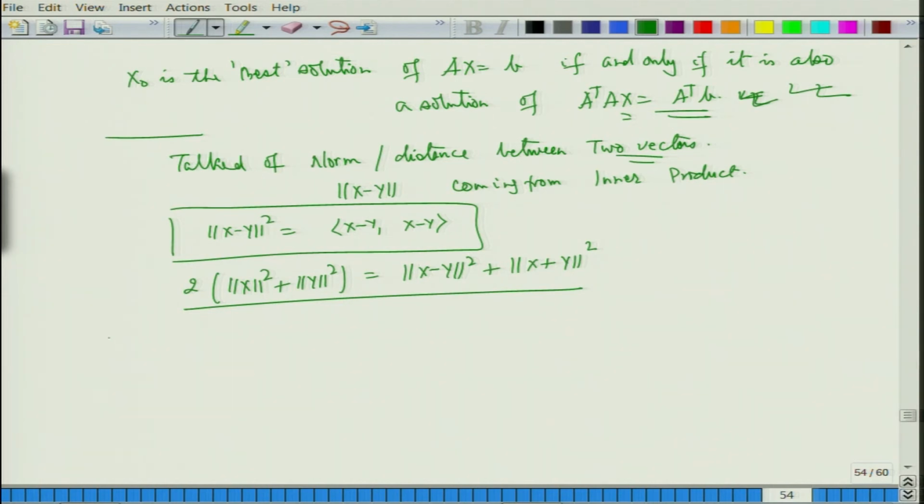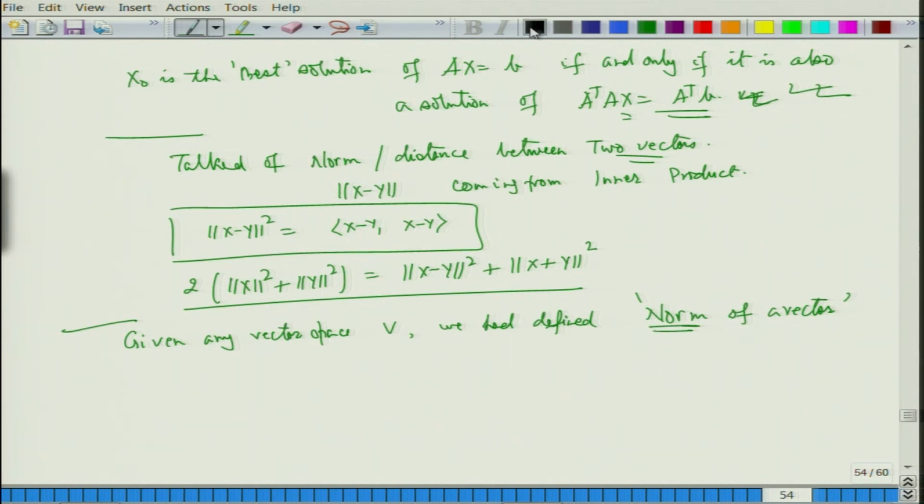So I had defined the notion of a norm of a vector, given any vector space V. If you remember, I defined the norm of a vector, and it is a function from the vector space to R plus union 0, with certain properties that I had done.